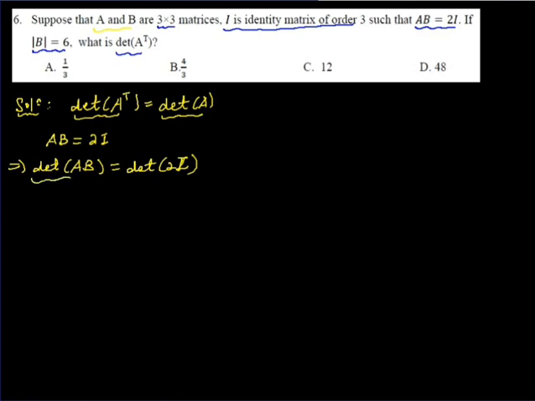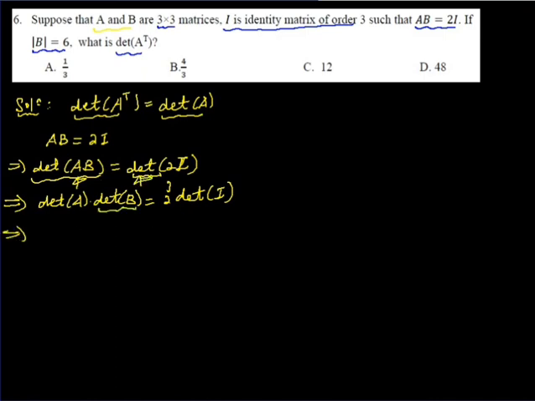So the determinant of the product of A and B is the same as the determinant of A times the determinant of B. This is the same as 2 to the power of 3 times the determinant of an identity matrix. Here we applied the properties of determinant on both sides.